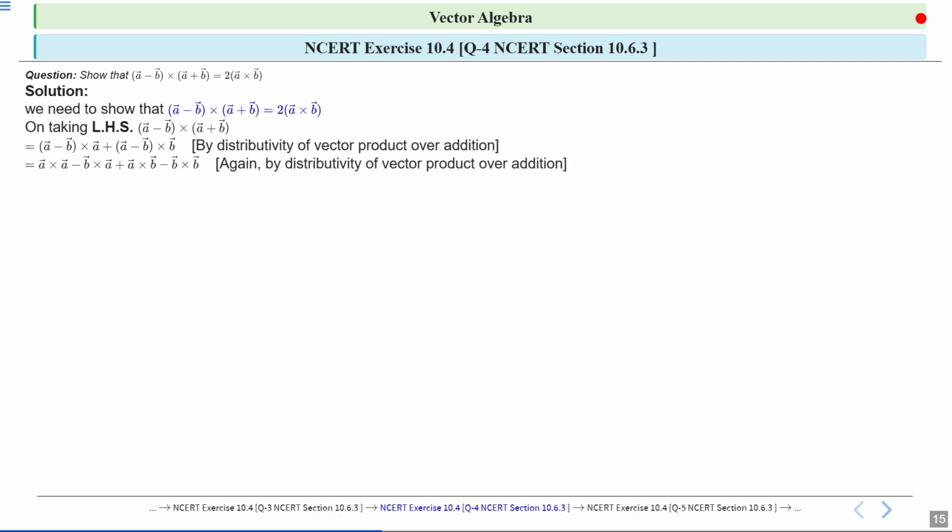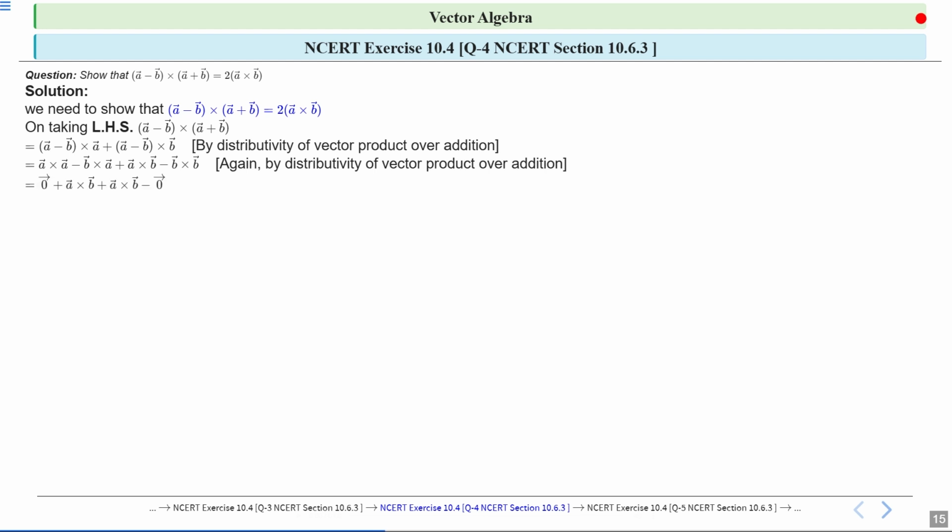Okay. So A vector cross A vector minus B vector cross A vector plus A vector cross B vector minus B vector cross B vector, right? You can see that each term is expanded individually, and we can simplify the given expression accordingly, okay?